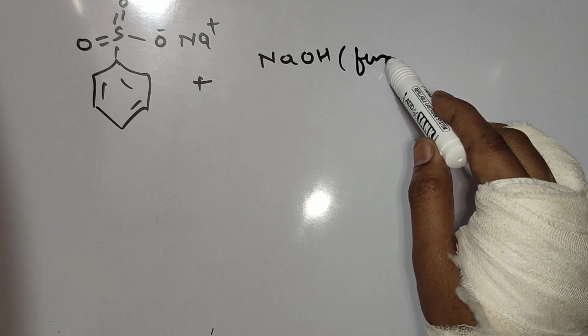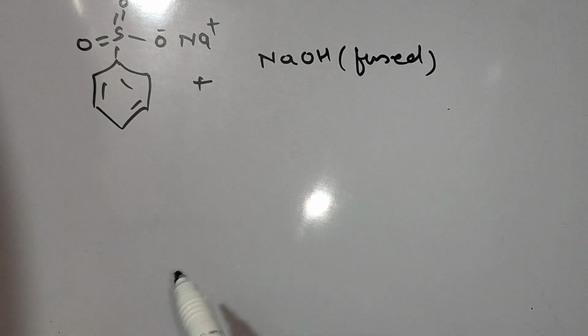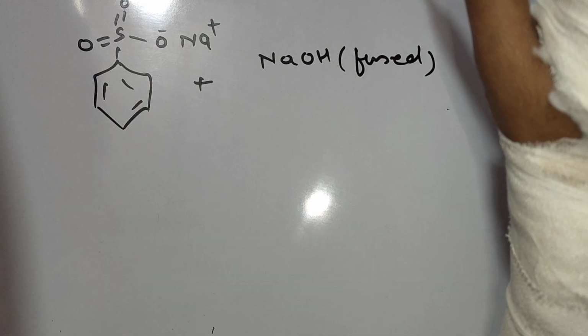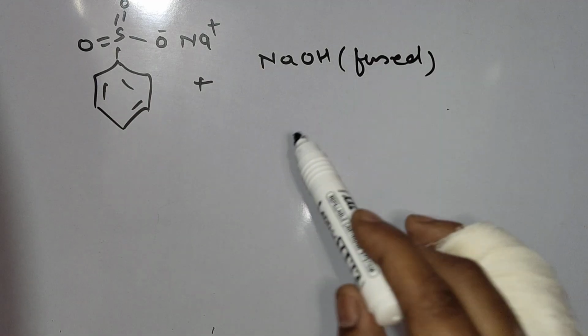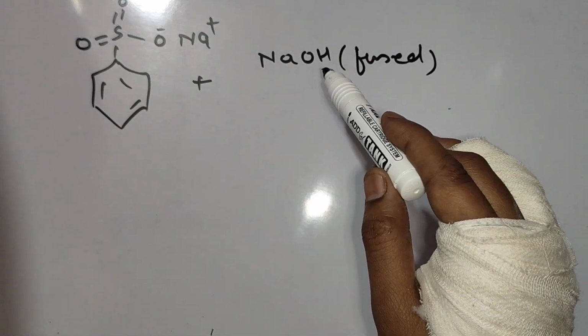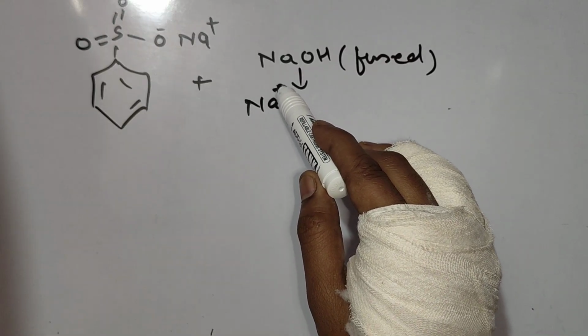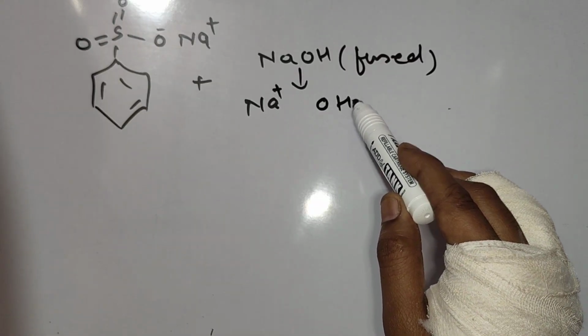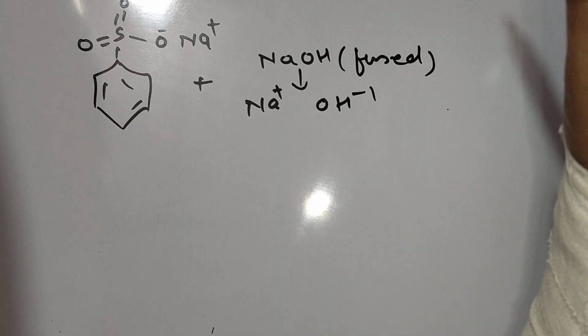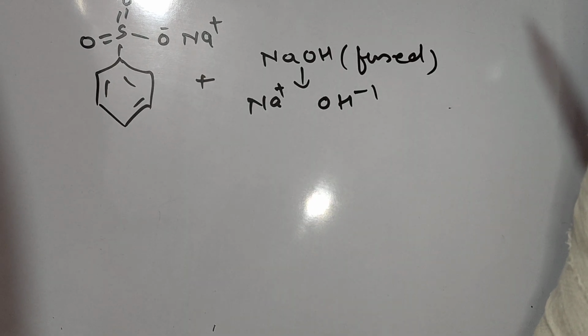Fused means melted. And we are going to heat it. Obviously, you know that sodium hydroxide in melted form will have Na positive and OH negative in it. This one.